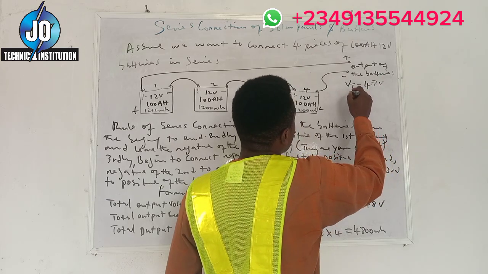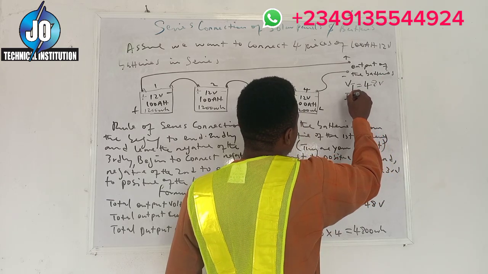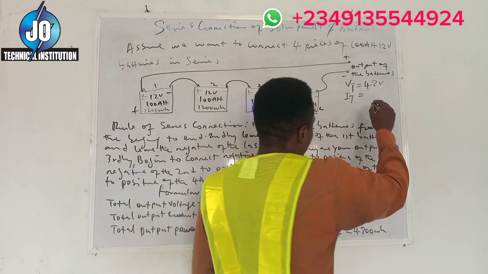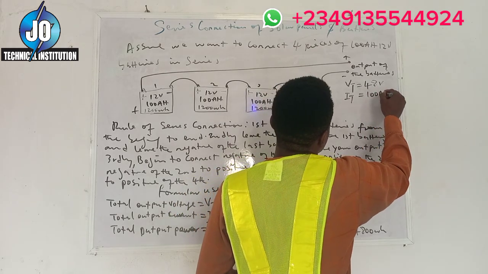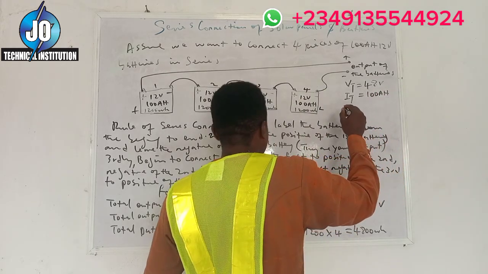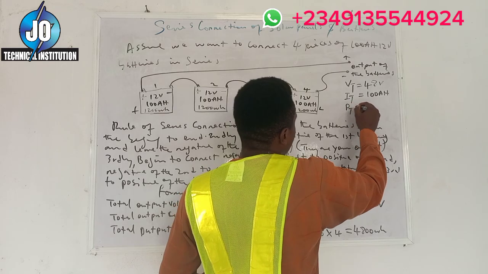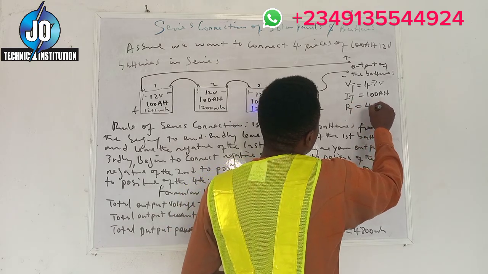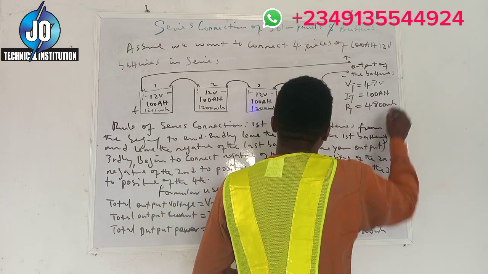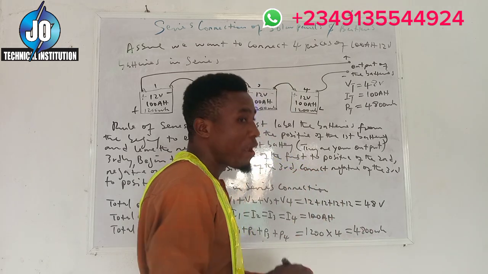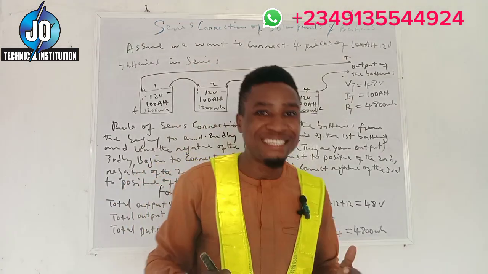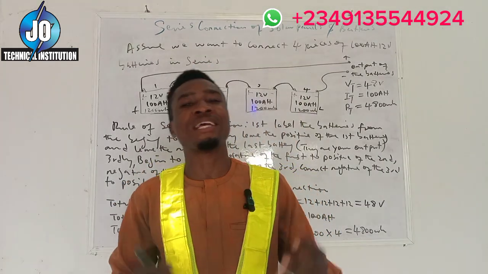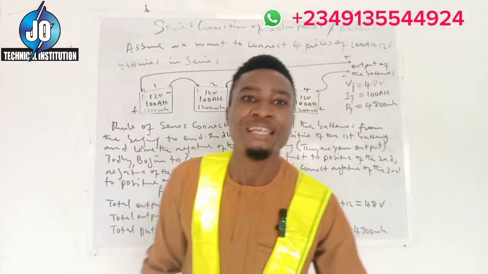The output current, I total, is 100 Ah. And the output power, P total, is 4800 watt hour. This is how we connect our batteries and our panels in series.